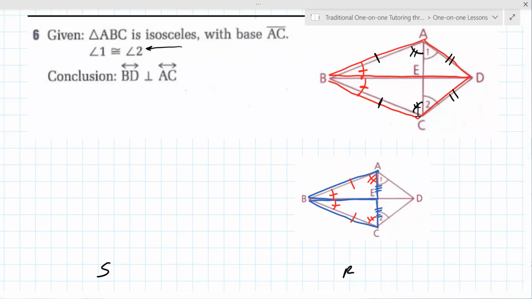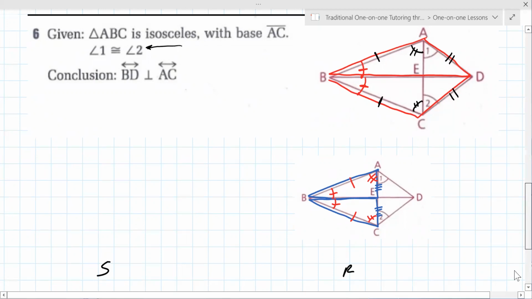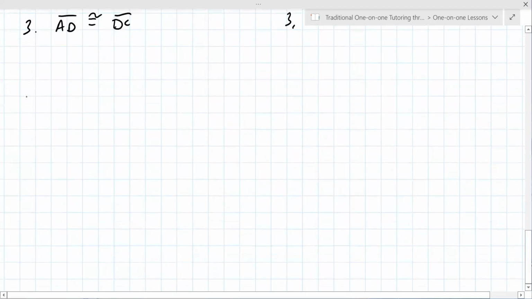Is that okay? Yes. The letters here matter a lot, so try to do this correctly. The measure of angle BAE plus the measure of angle DAE equals the measure of angle BAD.